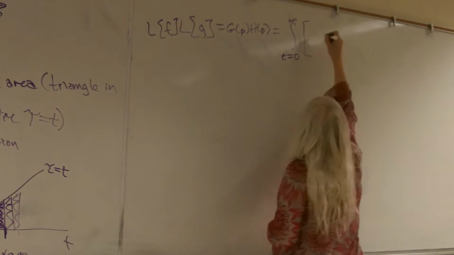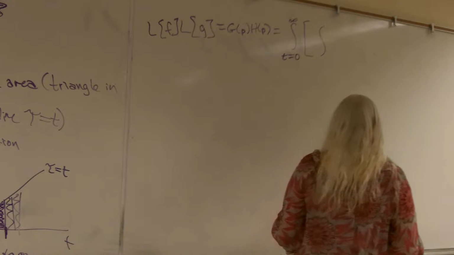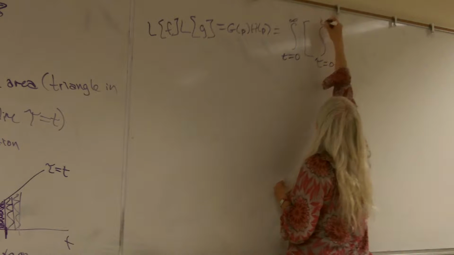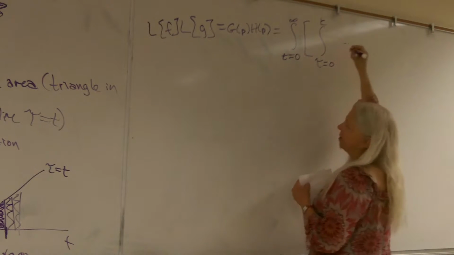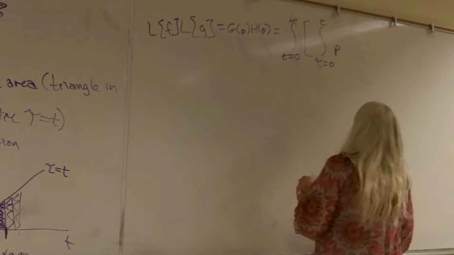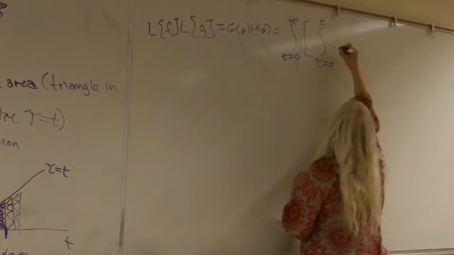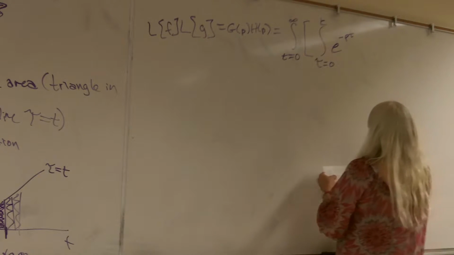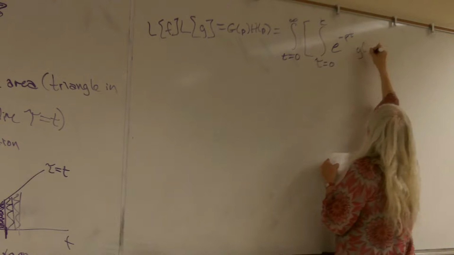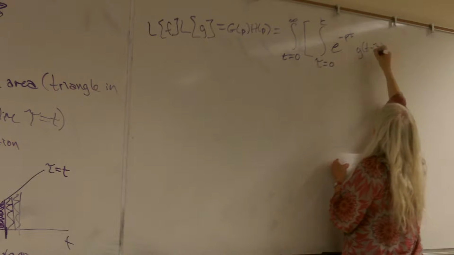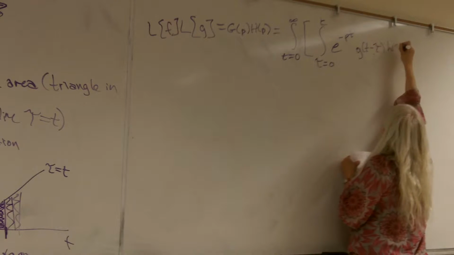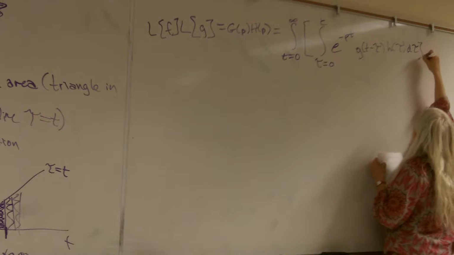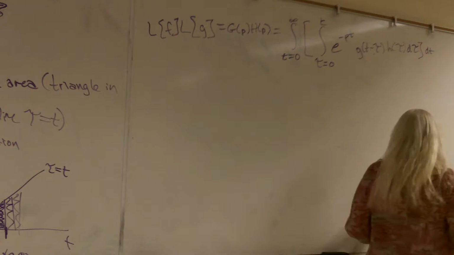And then in square brackets, we'll put the inside integral, the tau integral, which we said runs from 0 to t. Right? And in the integrand, we've got an e to the minus pt, and we've got a g of t minus tau, and an h of tau, and a d tau, and then outside the square brackets is dt.